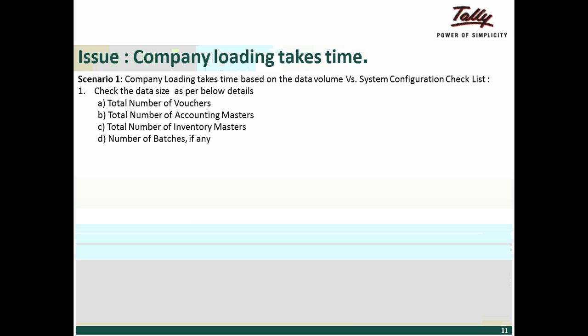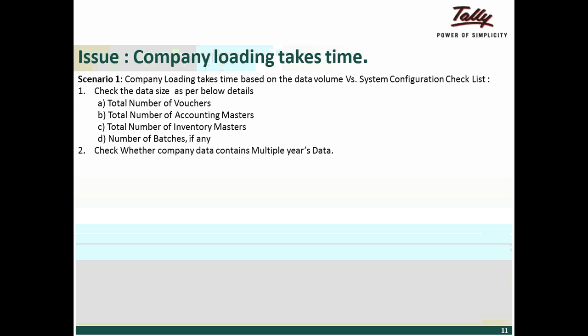We discuss these because all this information creates an impact. It is very important to conclude whether the time taken to load a company is acceptable or not, or whether any fine tuning needs to be done. Because of that, you have to check this information.